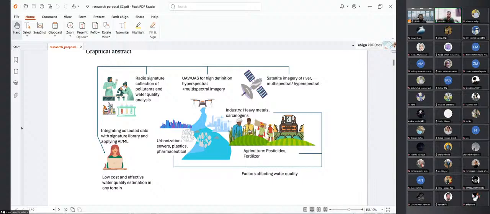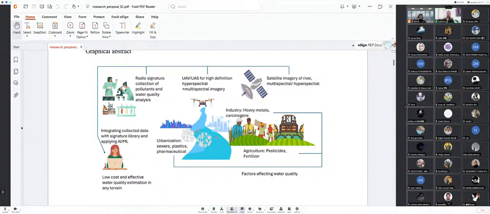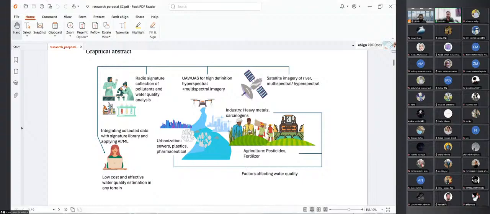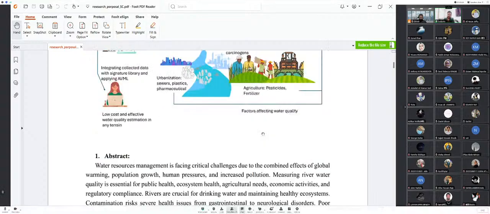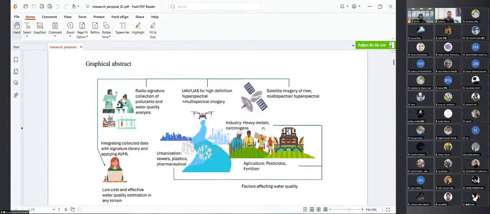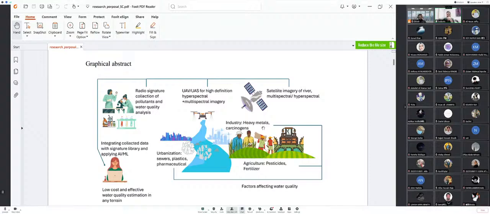If someone looks at this figure, they will either find it interesting or not. If they do not find it interesting, maybe they will just scroll past and say let's reject it.